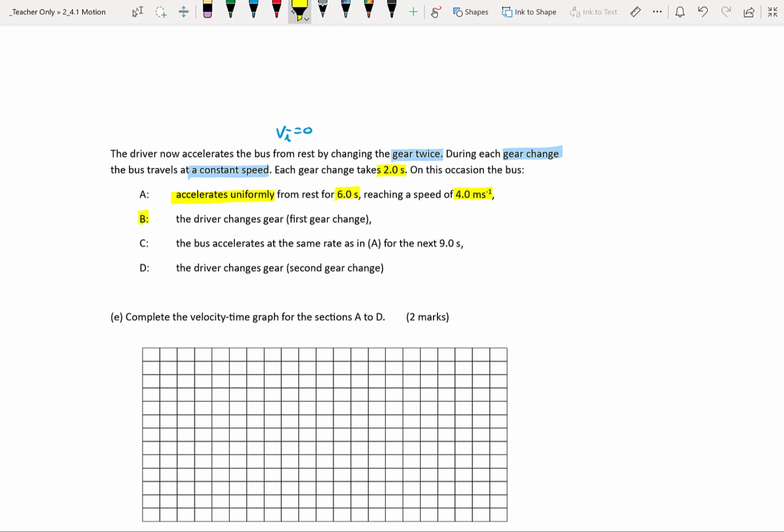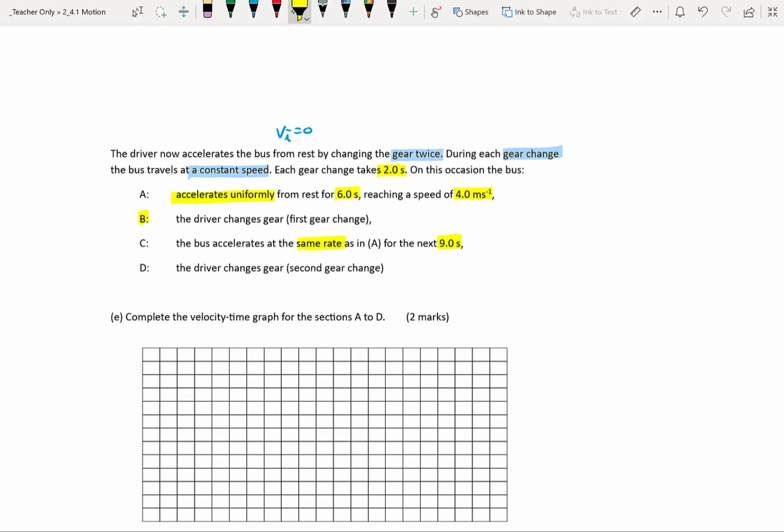For B, the bus accelerates at the same rate as A, the same acceleration, for the next 9 seconds. And the bus changes gear again to become constant speed.